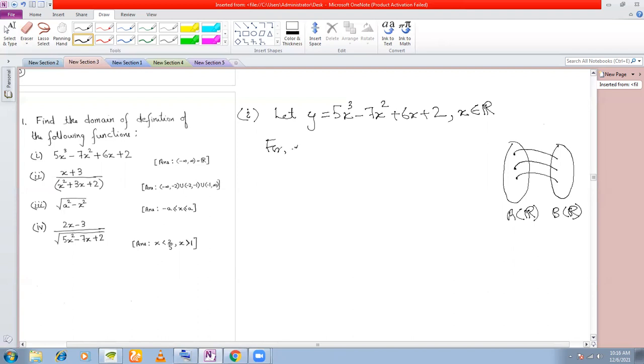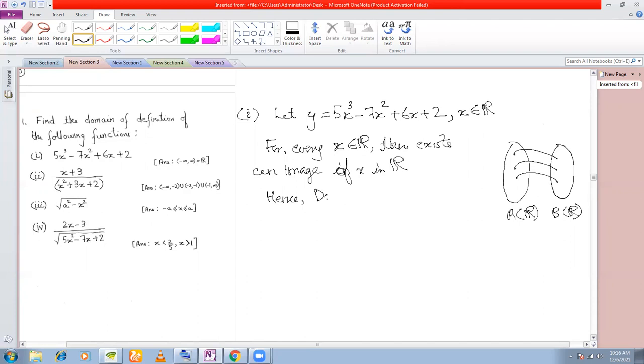So for every x belonging to R, there exists an image of x in R. Hence, nothing has to be excluded from the domain. That is, nothing has to be excluded from the set A, so that it becomes a function.